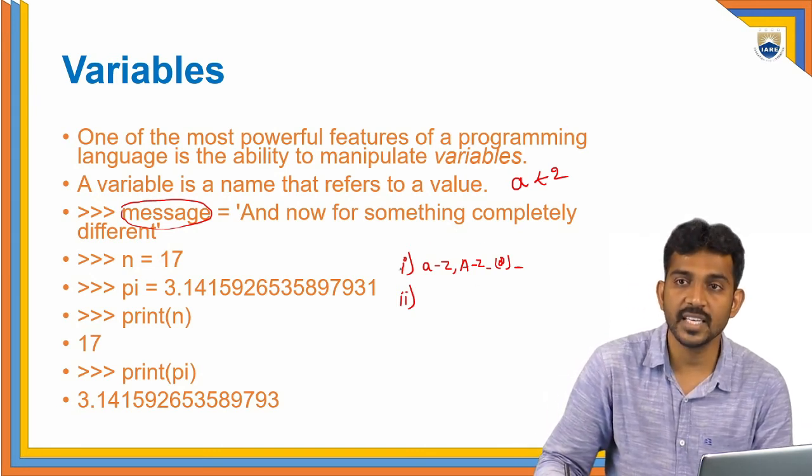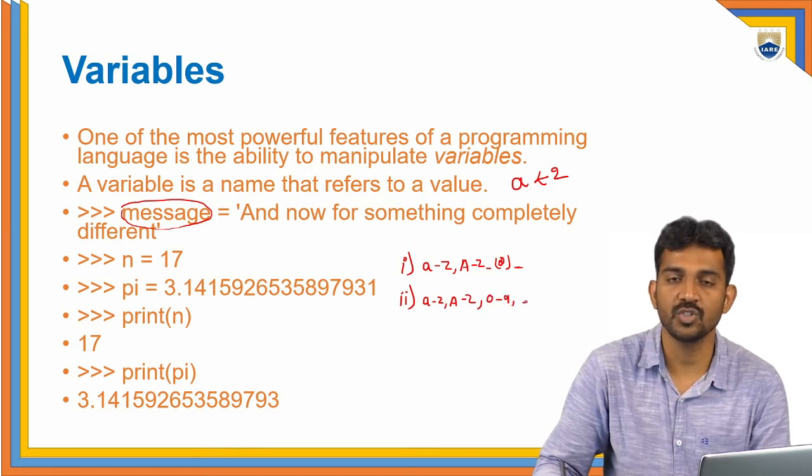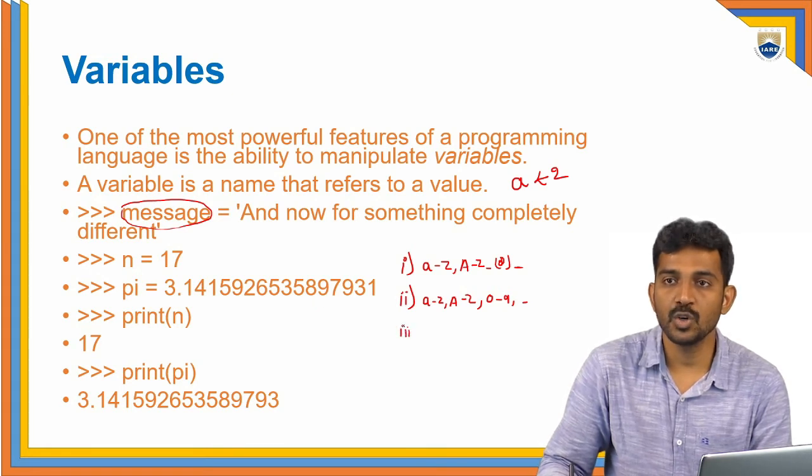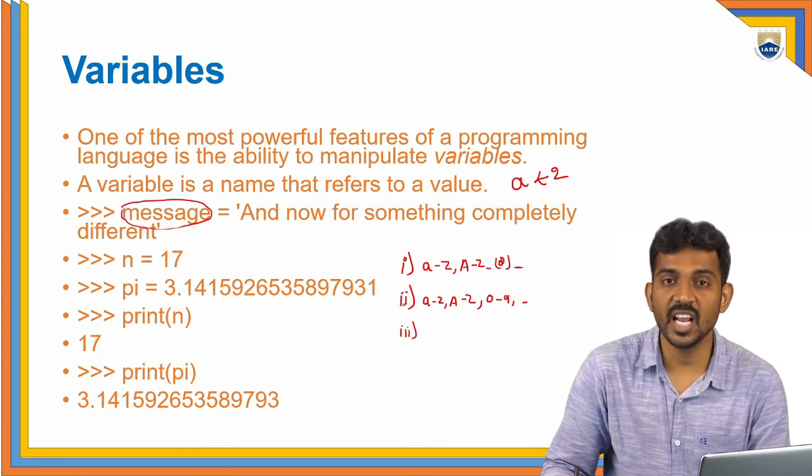The second thing: a variable is a combination of characters, digits and underscore. Third rule: variables don't allow any special symbols other than underscore.